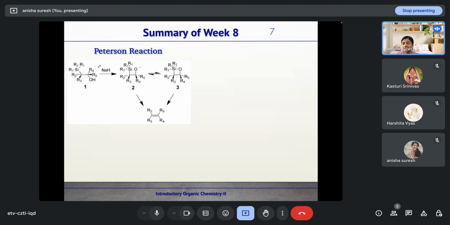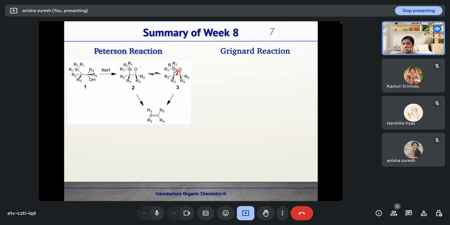We have this beta-hydroxy silyl compound in the presence of NaH. It will orient in such a fashion that the silyl and oxygen come in the same position. NaH will abstract the proton of OH, forming this four-membered transition state, and upon breaking, it will lead to the formation of this alkene.